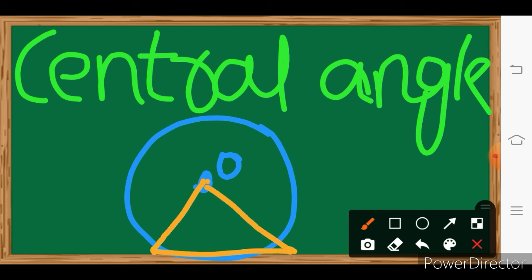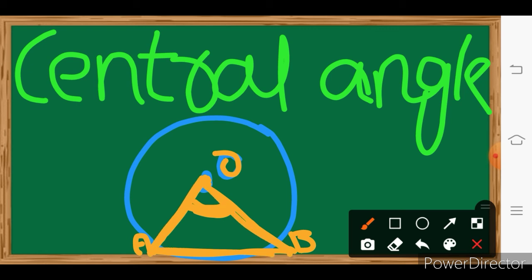If we take a circle and triangle ABO, in triangle ABO, O is a vertex of this triangle, and here we observe an angle. This angle is formed at the center of the circle, so this is called the central angle. The vertex of the triangle and the center of the circle is O. This is called the central angle.